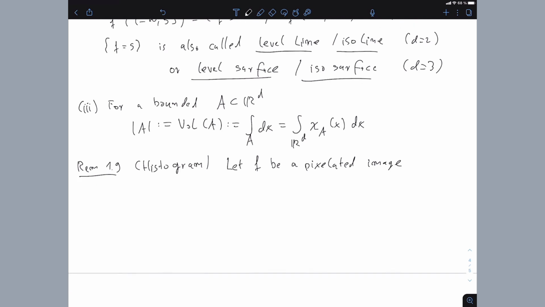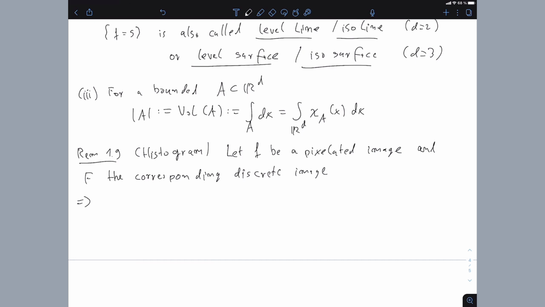So small f is a pixelated image, and capital F the corresponding discrete image. So that means this f is constant in the cells, and this capital F is just the cell values as the array.